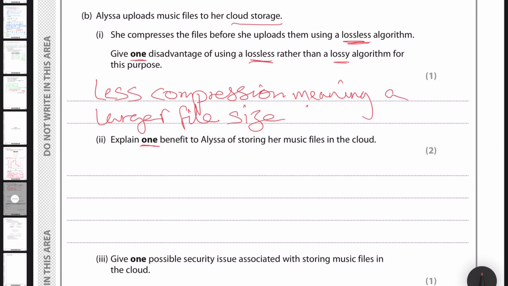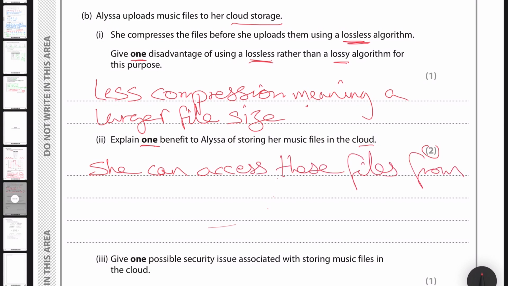Explain one benefit, but because it says explain, we're going to go into a bit more detail here too. Okay, 2 marks. Explain one benefit to Alyssa of storing music files on the cloud. Well, because they're on the cloud, because they're on the internet, she can access these files from anywhere in the world.